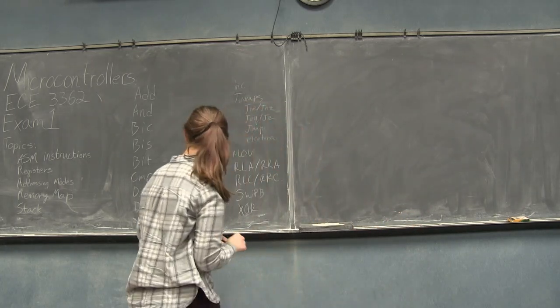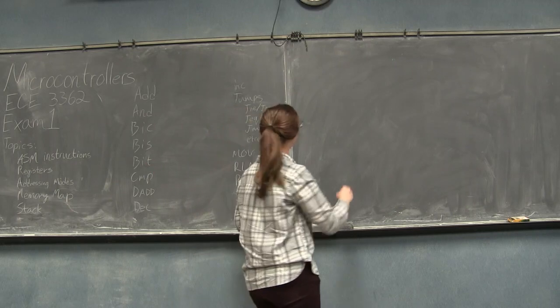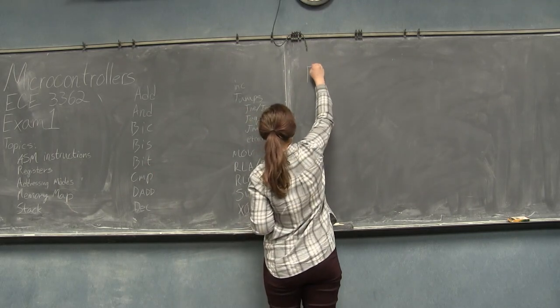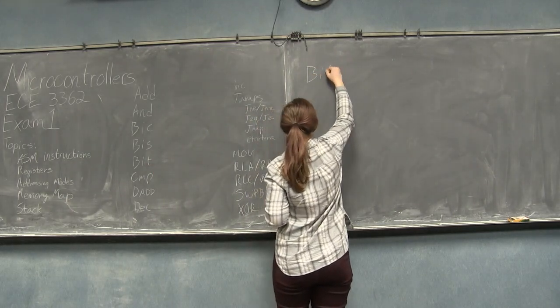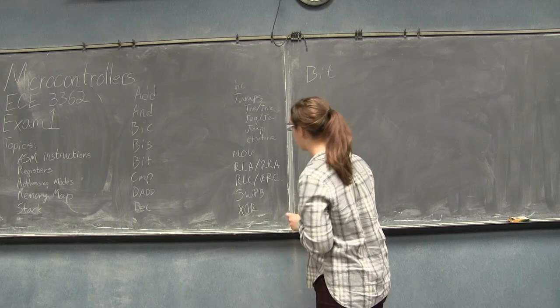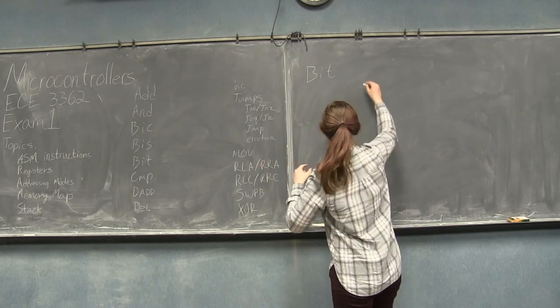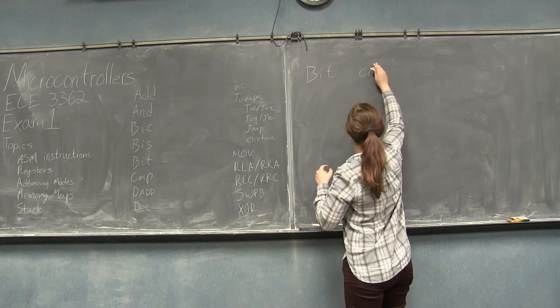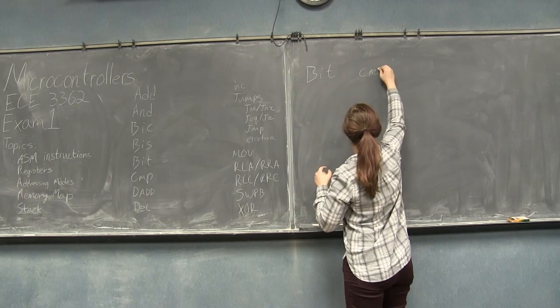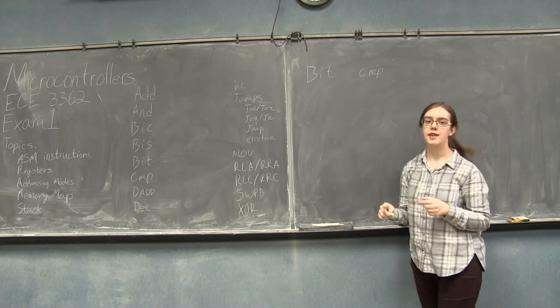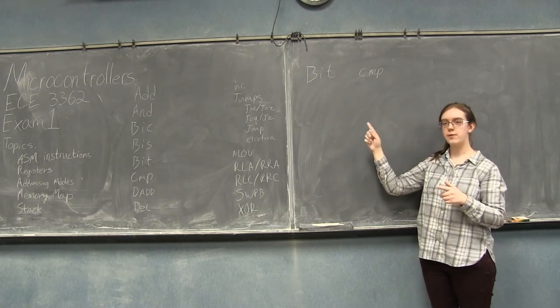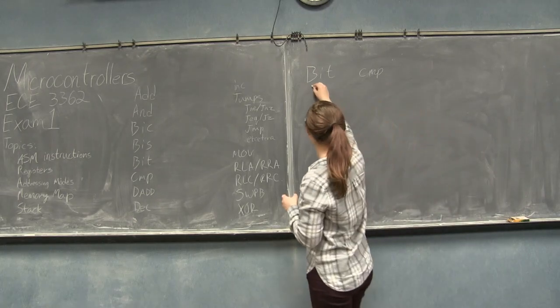Okay, so the next one, bit test, this one is a fun one. It is similar to the compare, meaning that you should really only use it if you have some jump right after.